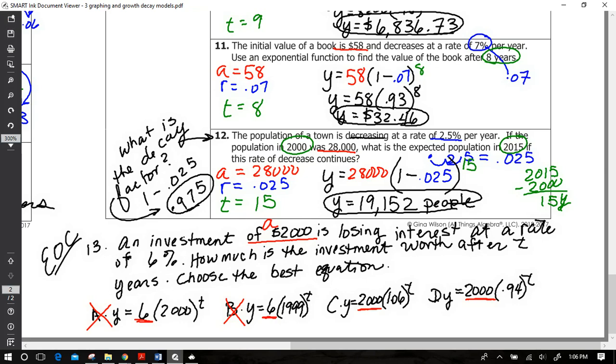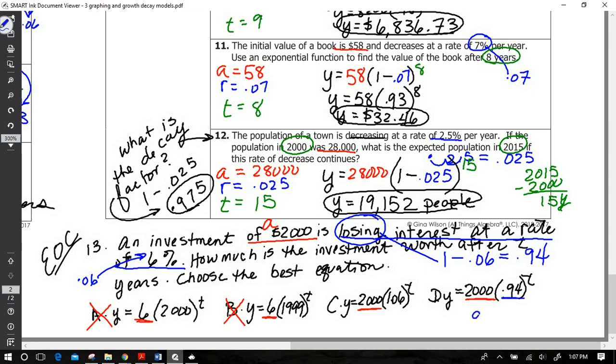Okay, next it tells me that it is losing interest at a rate of 6%. So remember that means 0.06. So how do I figure out the decay factor? Losing tells me I have to subtract. So 1 minus 0.06 gives me 0.94, which is this one right here.